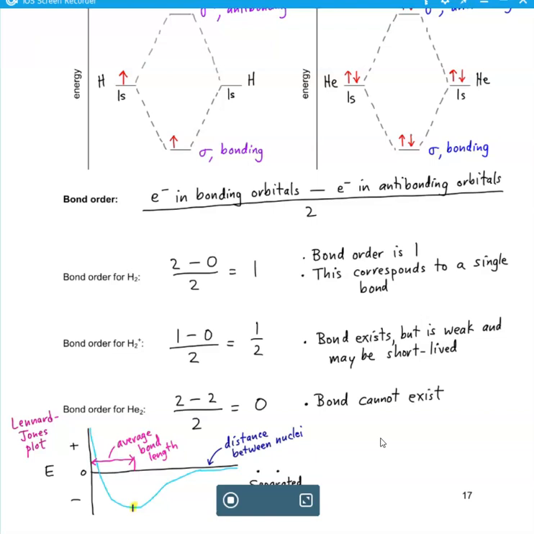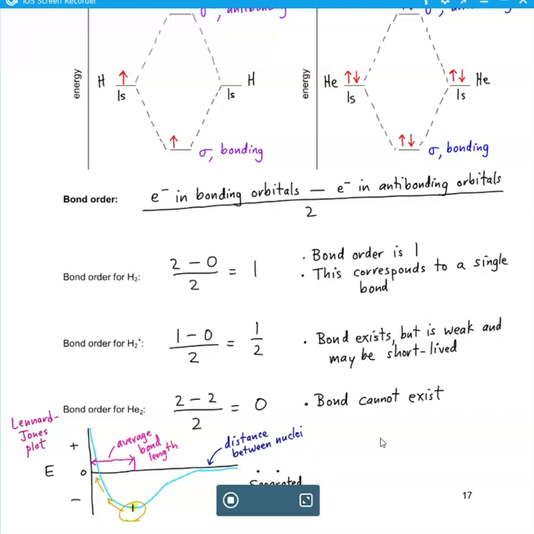Now once you start pushing those 2 nuclei closer and closer together, and again, now you'd be moving this way on the curve, the energy starts to shoot up because the repulsions between the two nuclei and the electrons associated with them overwhelm the attractive forces that you get when you're at the bond.